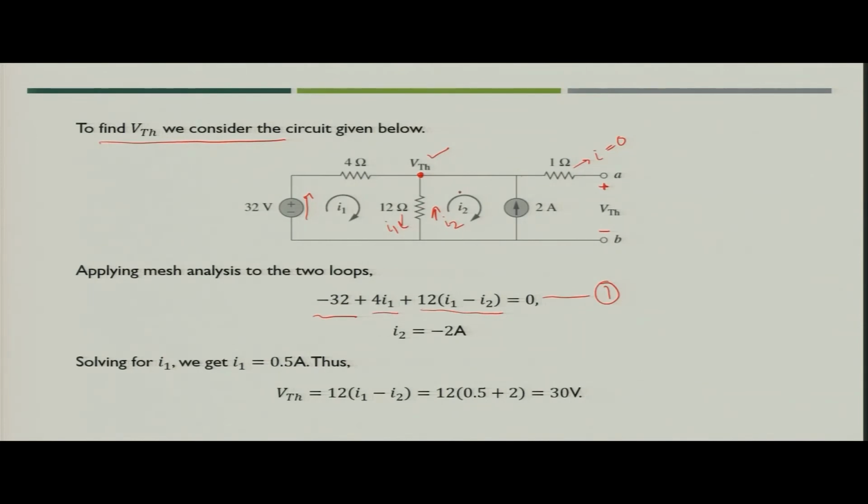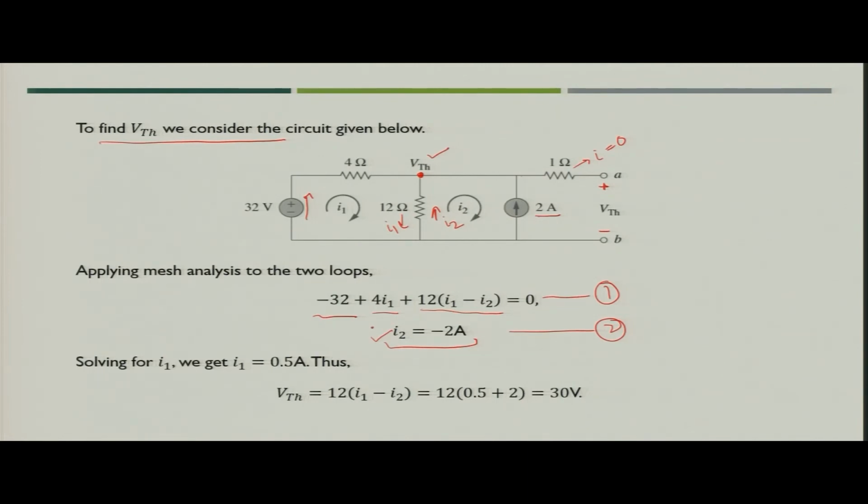Now, if you see mesh 2, you can straight away see that current I2 is nothing but the opposite of the current source value, that is 2 ampere. So, you can simply write I2 is minus 2 ampere. Now you have got two equations, and I2 you have straight away found.